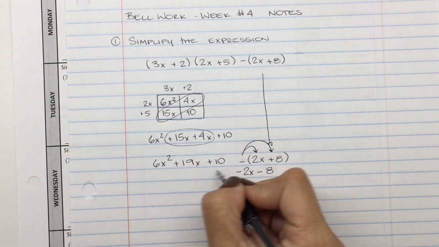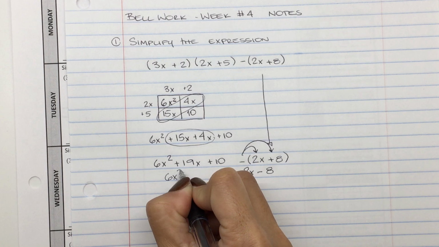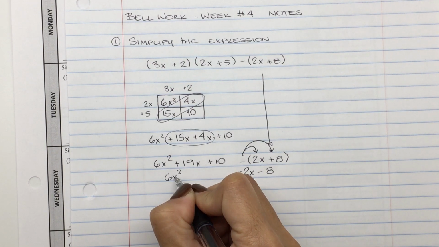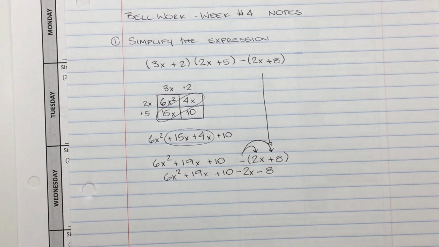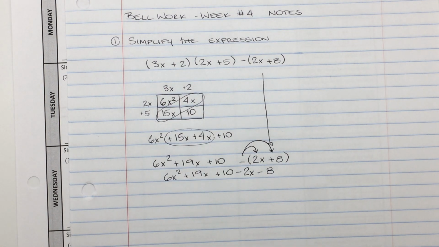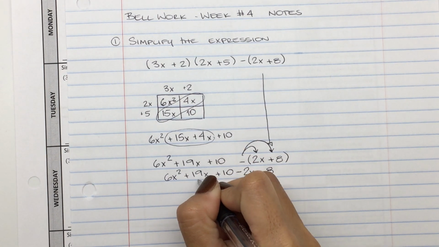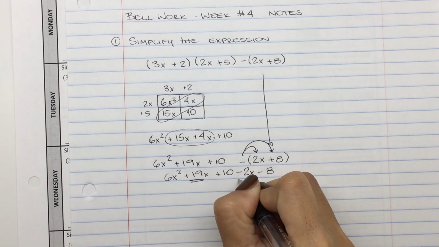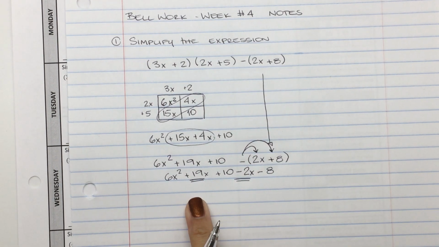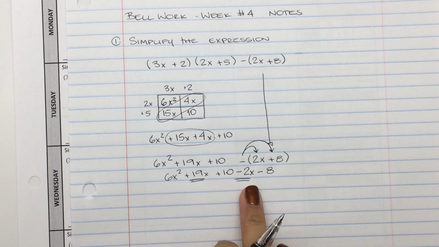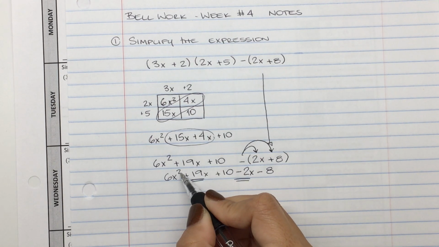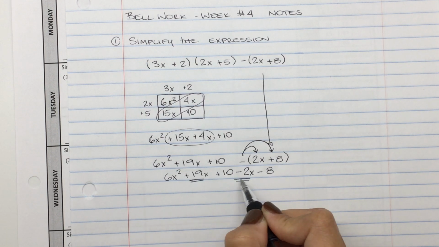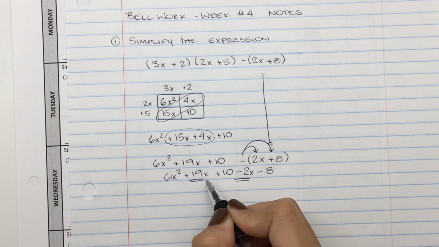The next thing I do is bring down what we already have, 6x squared plus 19x plus 10. After that, we can rearrange it, or we can separate our like terms. Remember, what makes it a like term is that the variable and the exponent are the same. So there is no other x squared in all these numbers. We go to the next one.